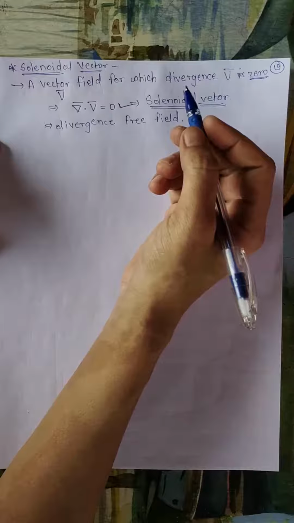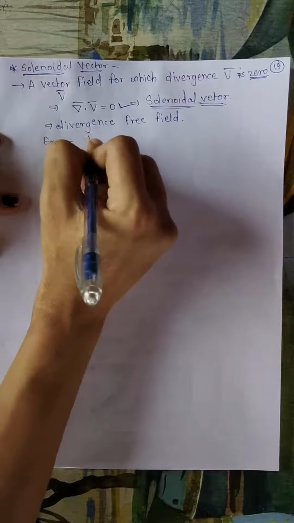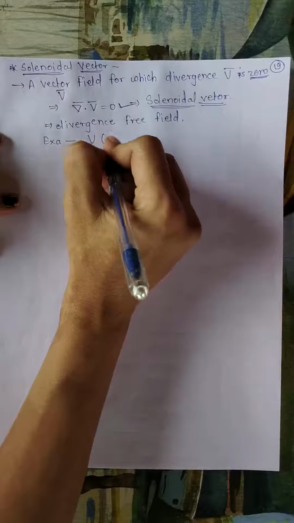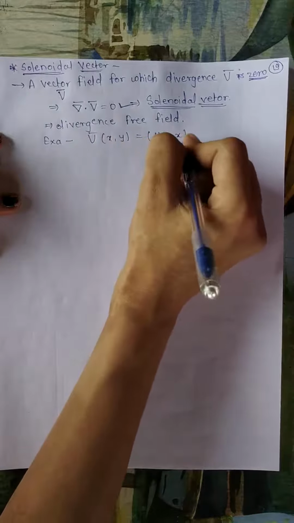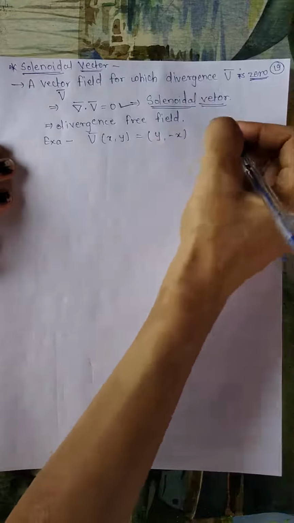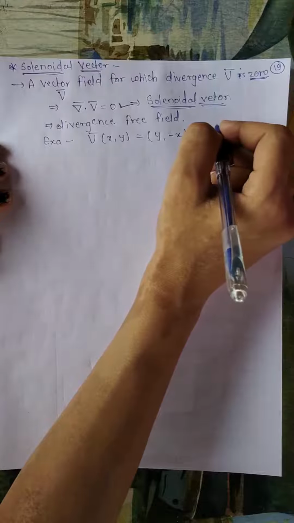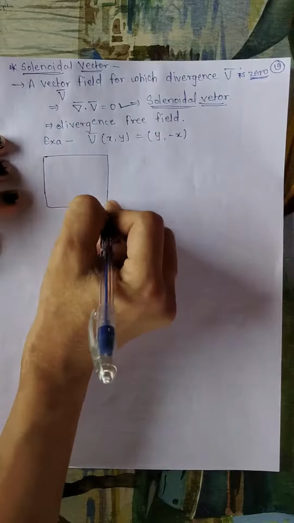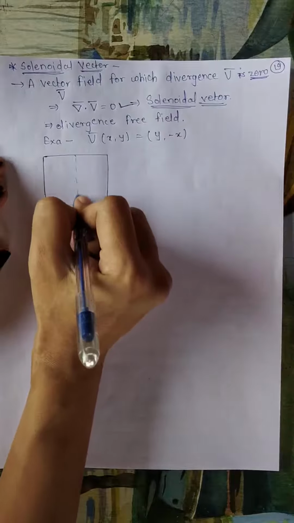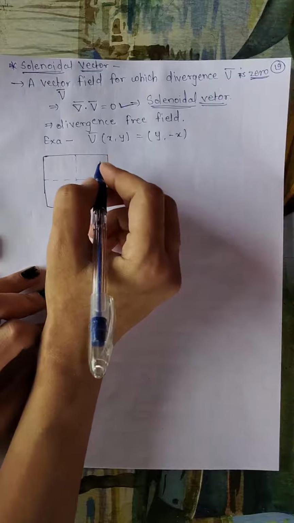In the case of a solenoidal field, for example, if we take a vector field given by v bar of x, y, which is y and minus x, when you plot a bunch of these vectors, it looks like a vortex.